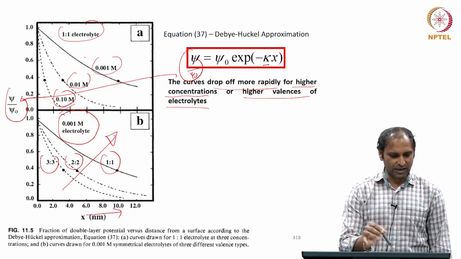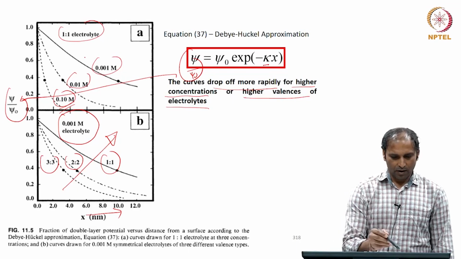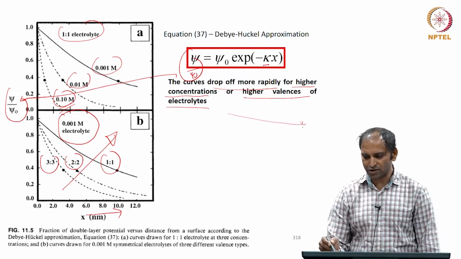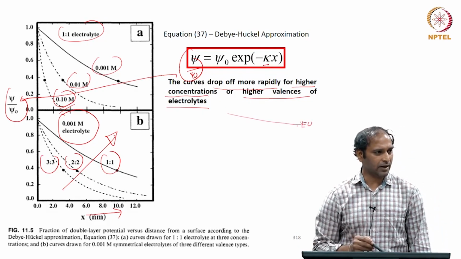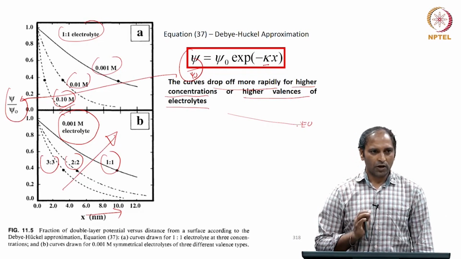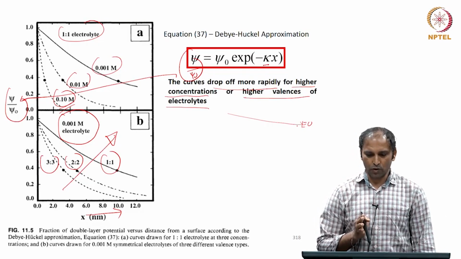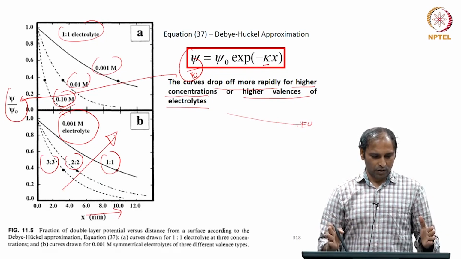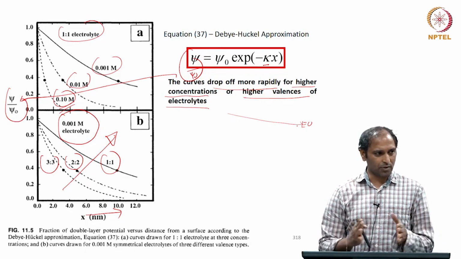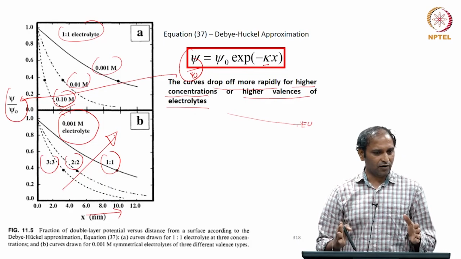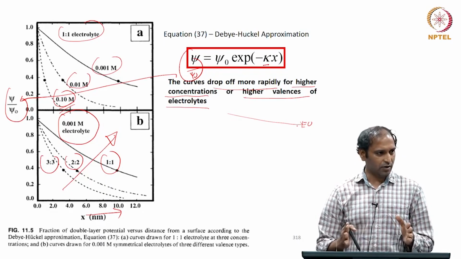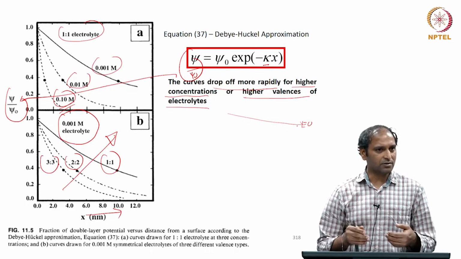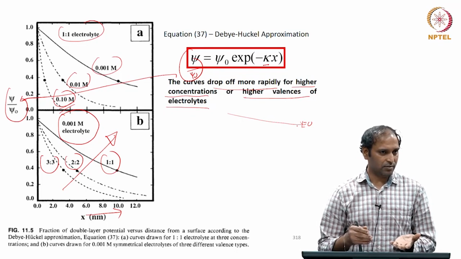So, if I look at this expression, of course, if I go to a very far away distance, potential is going to be 0, right. Now, what is important when you worry about electrical double layer interaction is that when the two charged surfaces come closer, if the potential is very high when they approach, that means the repulsion is also going to be higher, right.